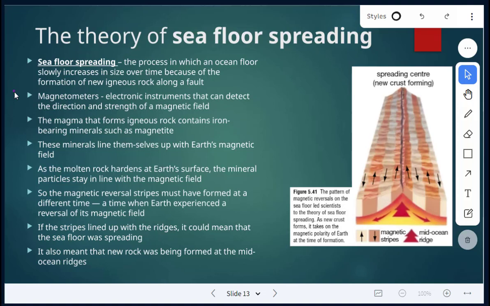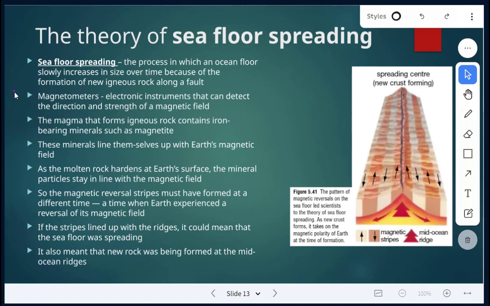The magma that forms igneous rock contains iron-bearing minerals such as magnetite, and these minerals line themselves up with Earth's magnetic field. As the molten rock hardens at Earth's surface, those mineral particles stay in line with the magnetic field.